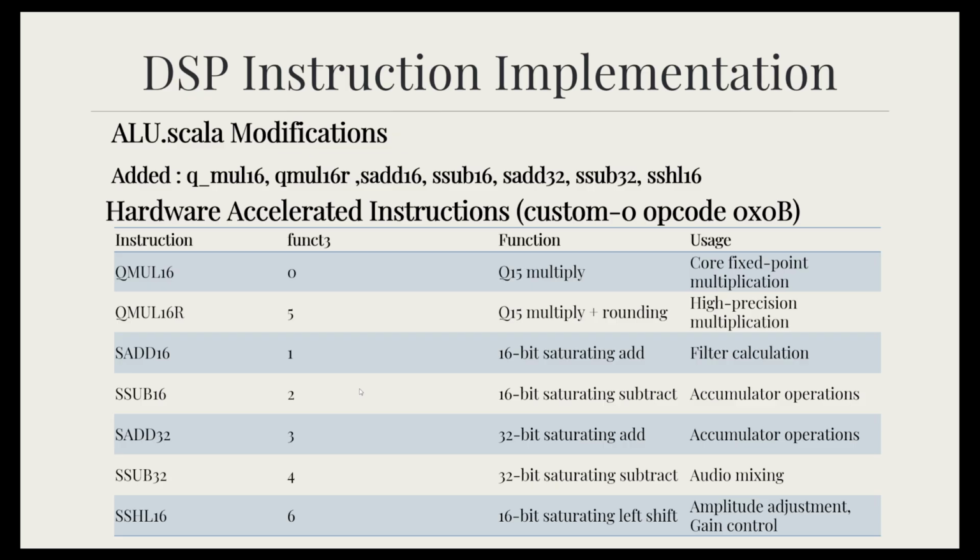Saturation prevents that by clamping the result to the value range. I provide 16-bit saturation for direct audio samples and 32-bit saturation for internal accumulators. And finally, I added a saturating left shift, which is useful for simple gain adjustment without causing overflow.